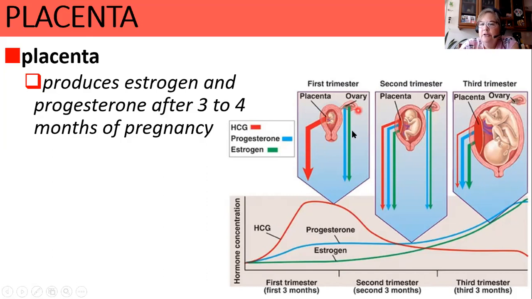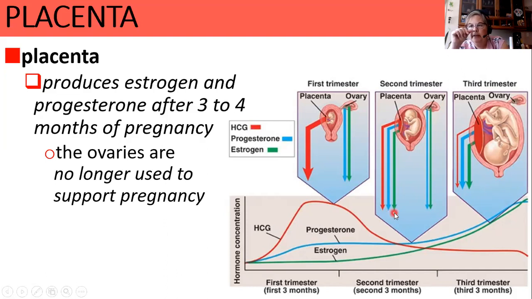And then we see estrogen and progesterone are being produced by the ovary, specifically the corpus luteum, okay? Well, then HCG levels start to decline, and here we see that the placenta is starting to take over the production of estrogen and progesterone. So as HCG is going down, there's very little estrogen and progesterone being produced by the ovaries, the majority is being produced by the placenta.